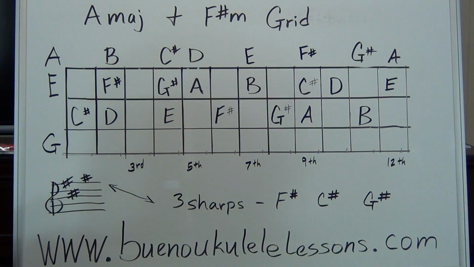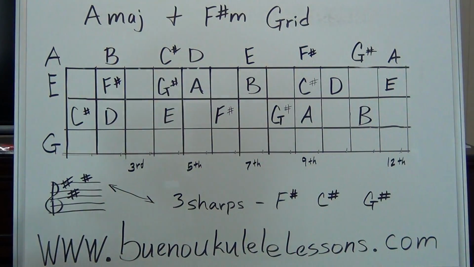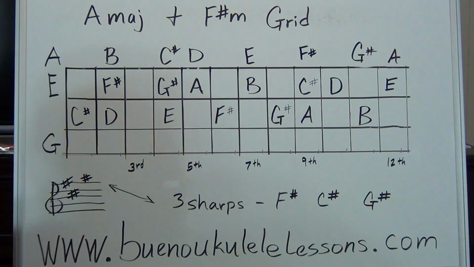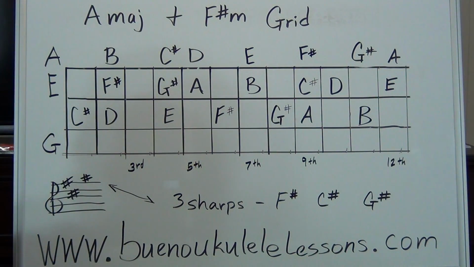if we were to play the scale that goes from C sharp to C sharp, in other words, C sharp, D, E, F sharp, G, A, B, C sharp, if we were to play that scale, that would be a Phrygian mode. Phrygian mode, okay?